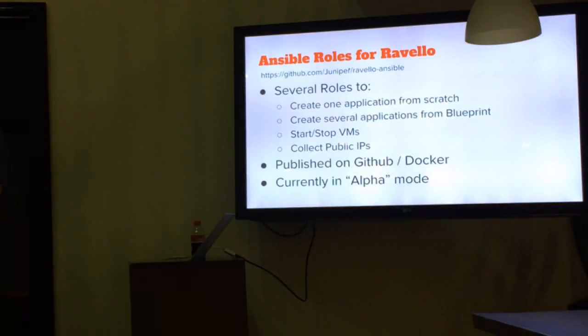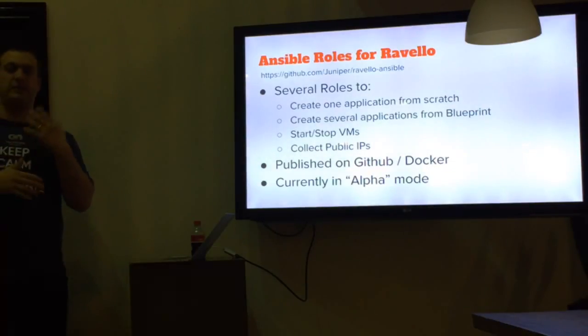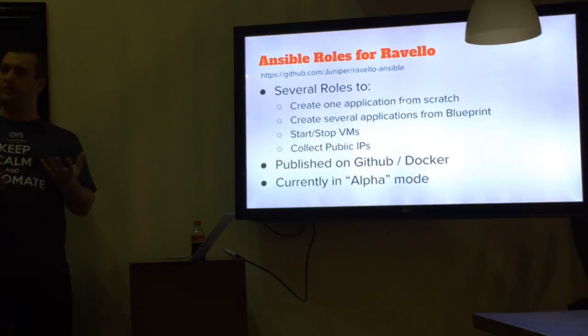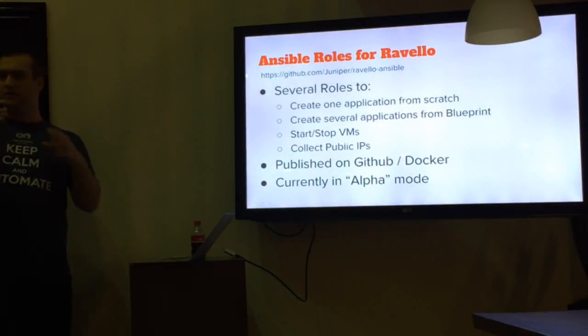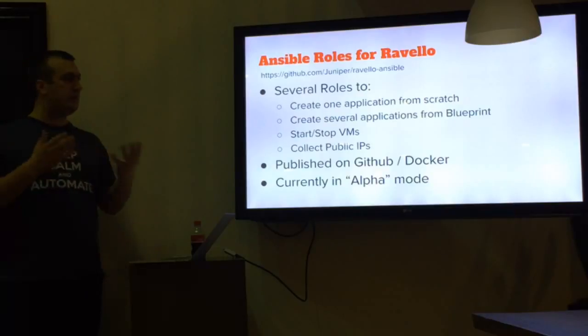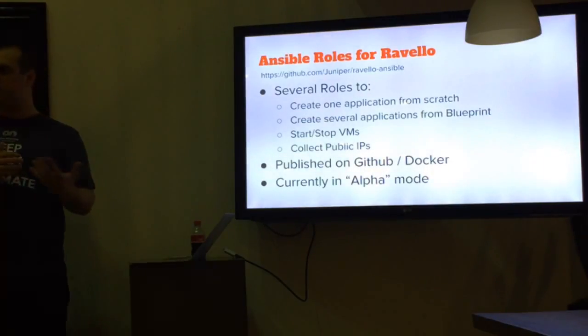github.com/juniper/Ravello-Ansible, and it contains some Ansible roles, a few of them, and that's the part where I would really love to get feedback, because even myself sometimes I'm trying to understand why I put in so many roles and why I named them the way I did. But basically they let you completely create a new application. That's what I'm going to show.